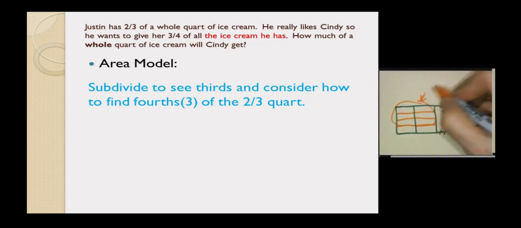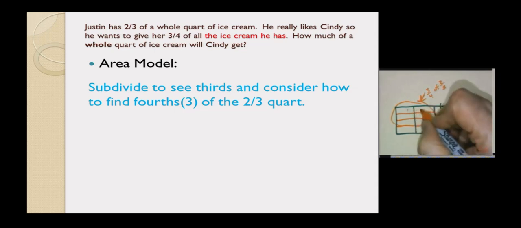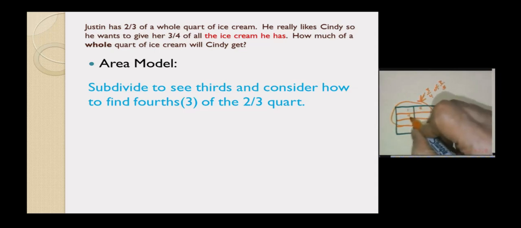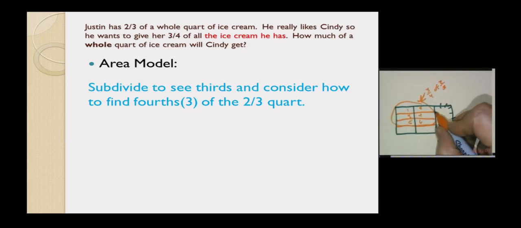And that is actually 3/4 of, I'm going to use the word of there, of 2/3. That's a 2. And so it is 1, 2, 3, 4, 5, 6 pieces. But how big are the pieces? Well, we can't tell until we finish the subdivision out here.